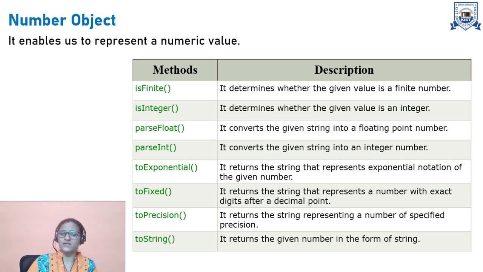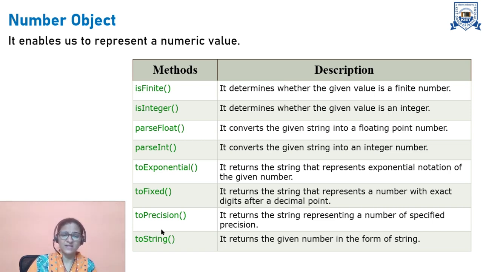It is used to determine whether the given value is a finite number. isInteger, if we want to find out whether the given value is an integer. parseFloat, it will convert the given string into a floating point number. parseInt, it will convert the given string into an integer number. toExponential, it returns the string that represents the exponential notation of the given number.